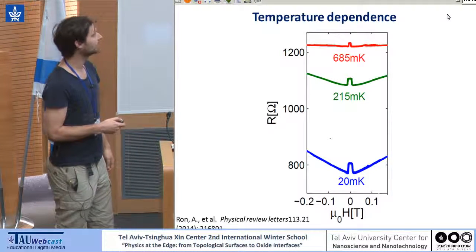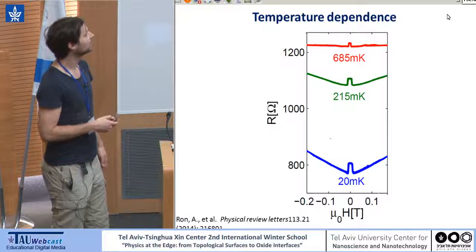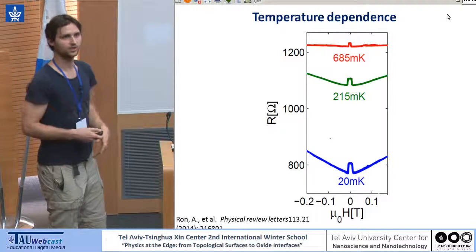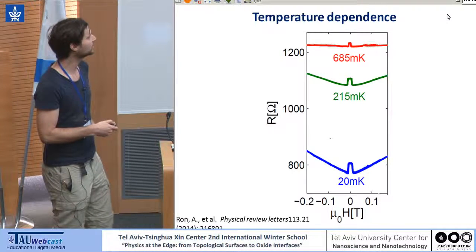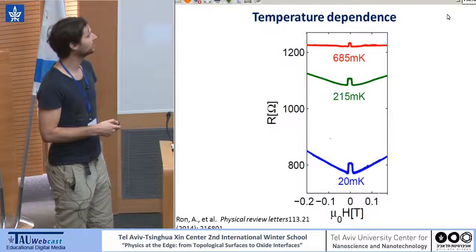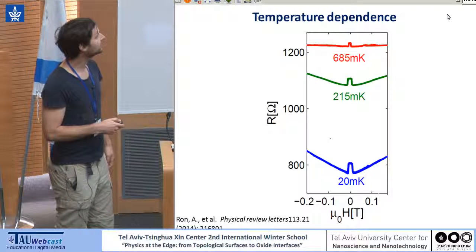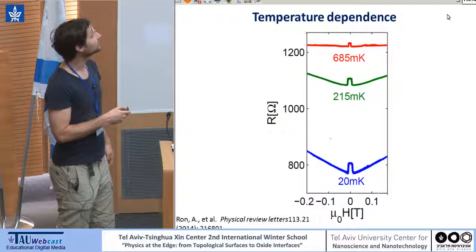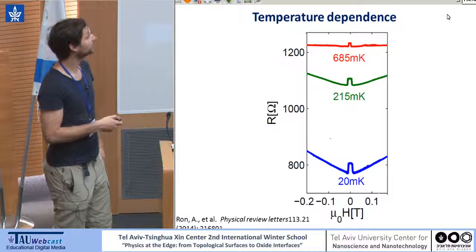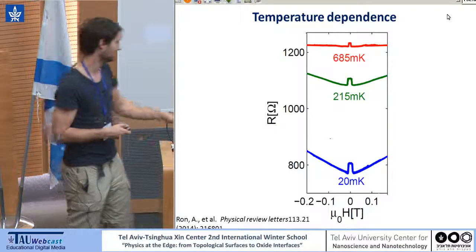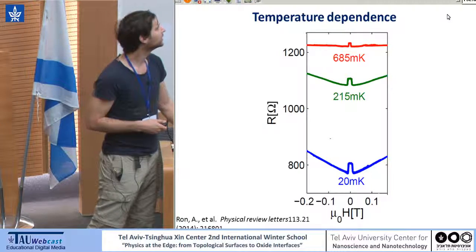We measured this as a function of temperature at two orientations, the perpendicular and the parallel orientations. You can see that the superconducting background goes away. Here, above Tc, it's completely gone. And the saturation field goes down. The effect becomes narrower and narrower in field.